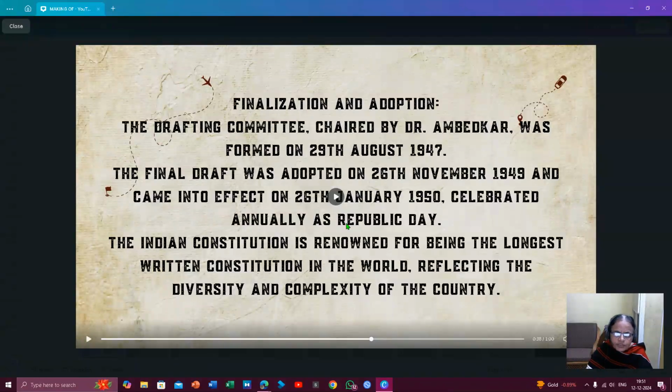The Indian Constitution is renowned for being the longest written constitution because they read about different countries' constitutions and took most of the things from other countries. So it became the lengthiest written constitution in the world. And it is very complex. Why? Because there is diversity in the country. Different languages are spoken in different parts.